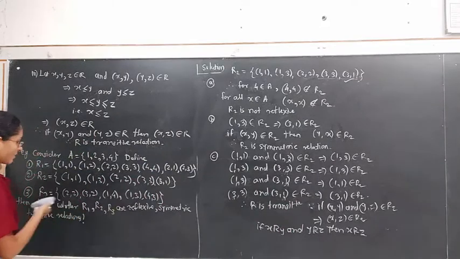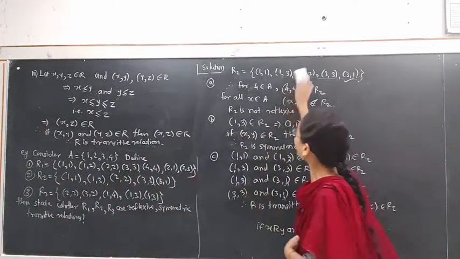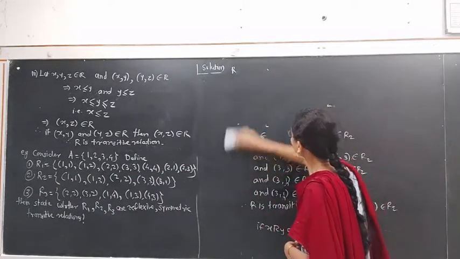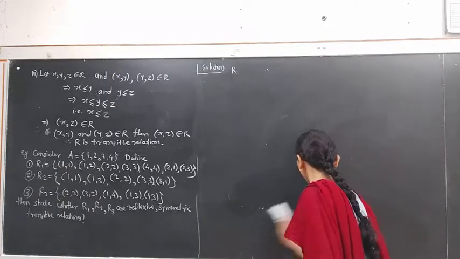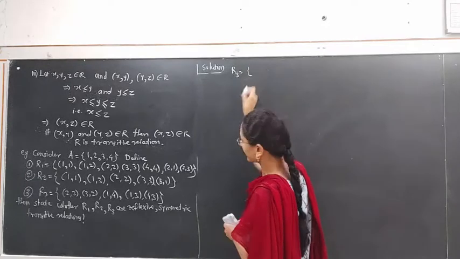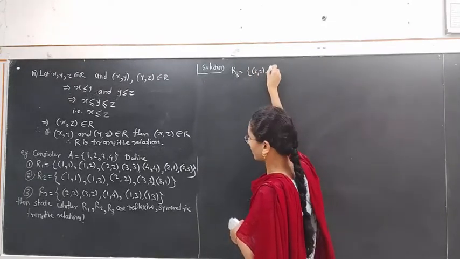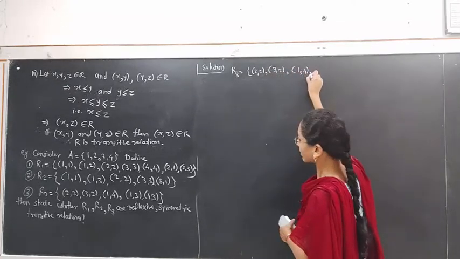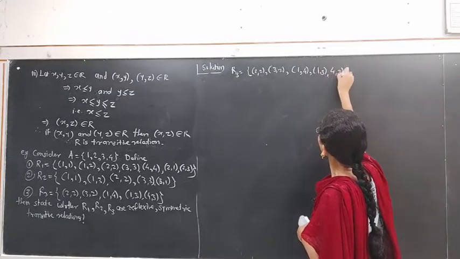We solve this last example, R3. Consider R3. It is given as the set of ordered pairs (2, 2), (3, 2), (1, 4), (1, 3), (4, 3).